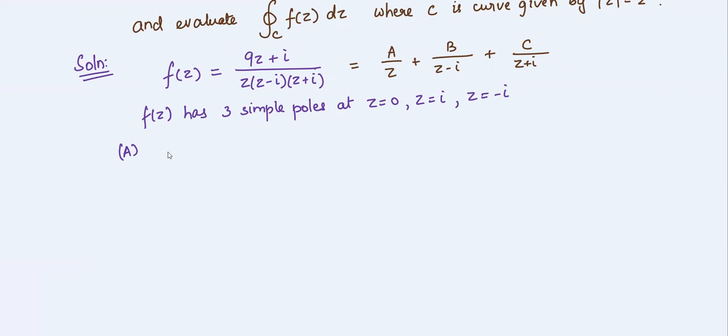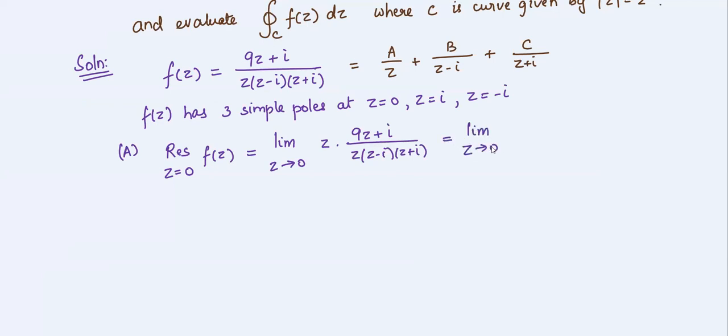Now, instead of doing the partial fractions, we can find it like this. The residue for z equal to 0 of f of z is the limit as z tends to 0 of z minus 0 multiplied with (9z plus i) by z into (z minus i) into (z plus i). This is very simple. (9z plus i) by (z minus i) into (z plus i).